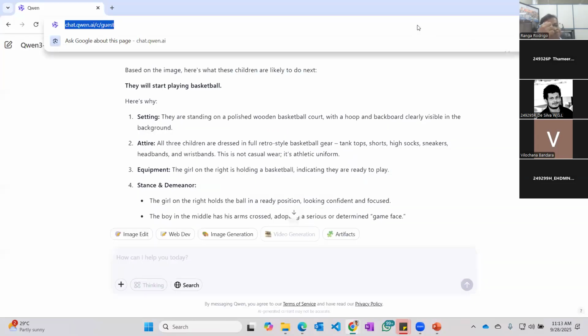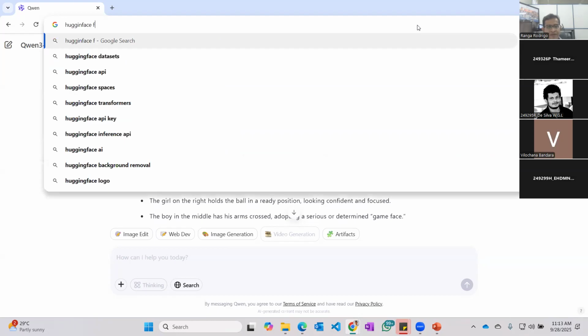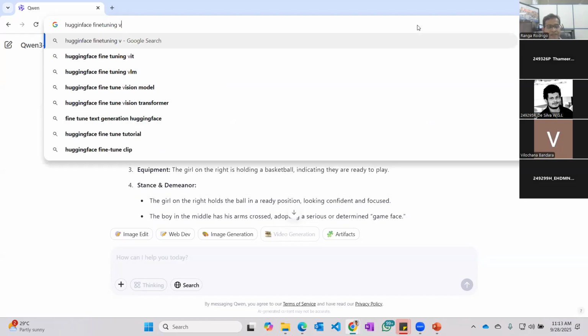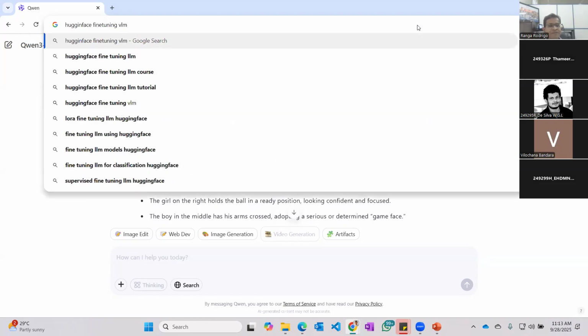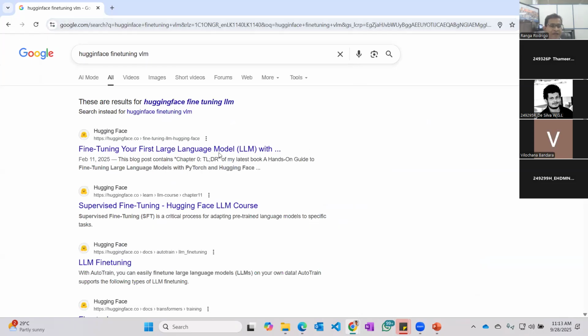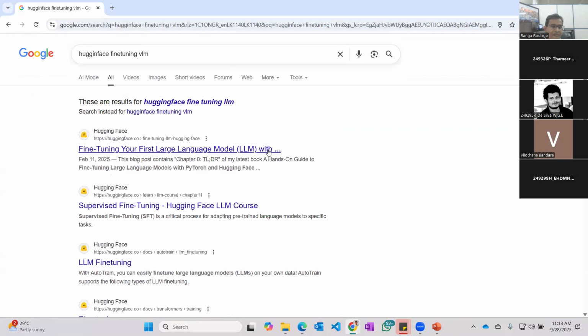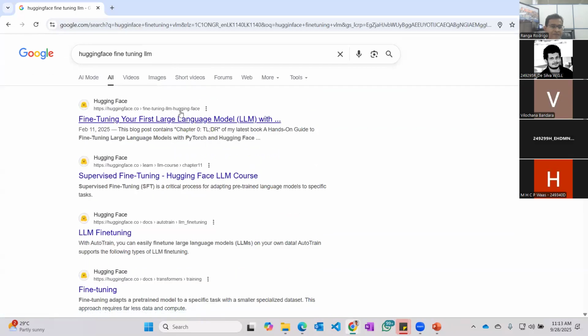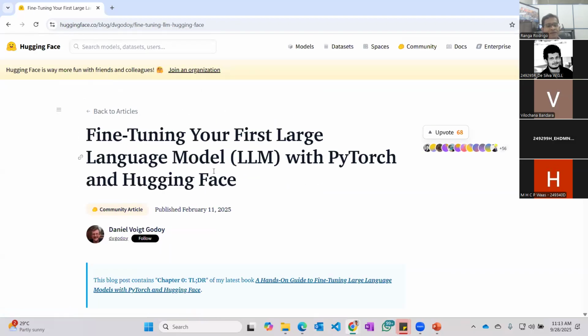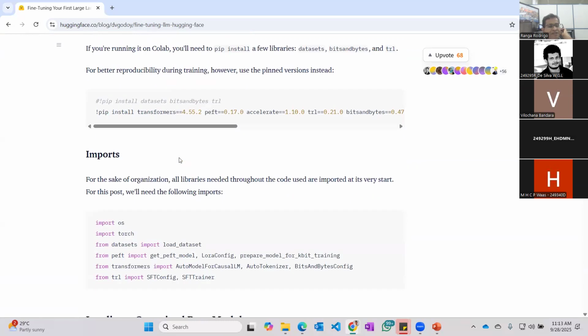One thing is you can train these models. You can fine tune these models to suit your requirements. If you want to fine tune visual language models, you can read these articles, and you can get a simple language model and fine tune it.